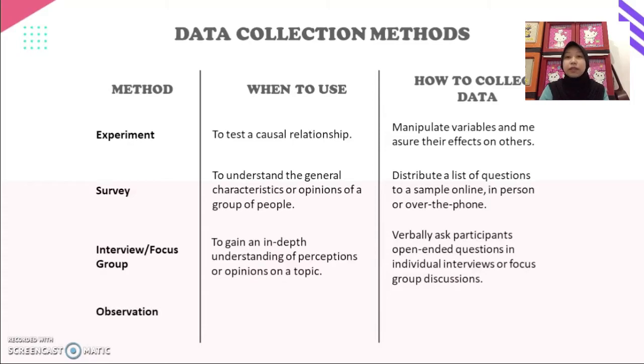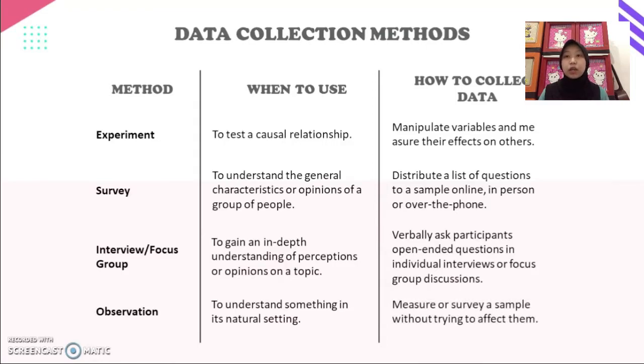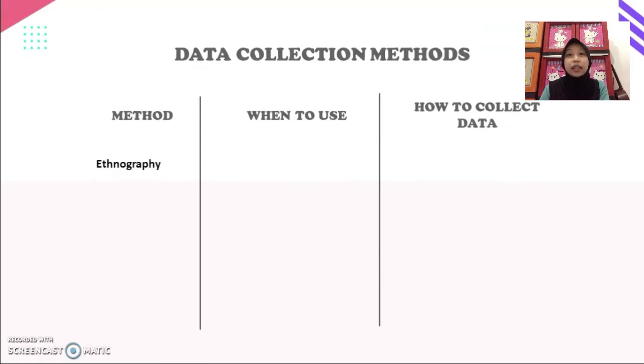Next, observation. We use it to understand something in its natural setting. To collect data with observations, we measure or survey a sample without trying to affect them. Then, there is ethnography. We use it to study the culture of a community or organization firsthand.